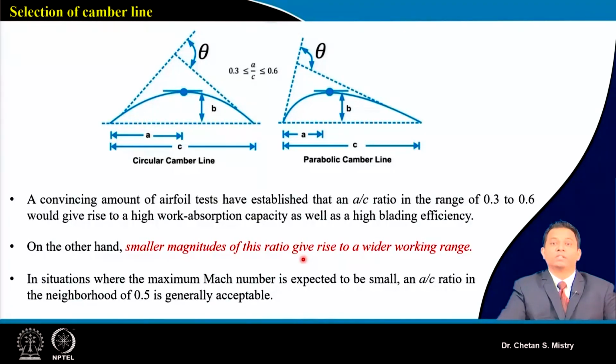So you can understand the selection we are doing in terms of the ratio of A by C is very important. Now, in the situation where your maximum expected Mach number is small, you can take this A by C ratio as 0.5. This is what is given in open literature, and many times we follow it, but as per our requirement, as I told, we need to change that.